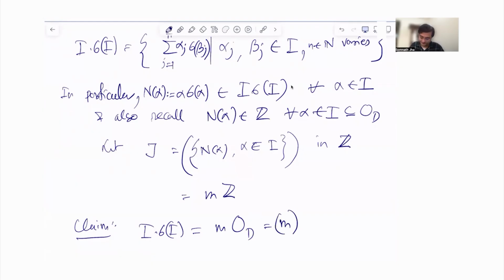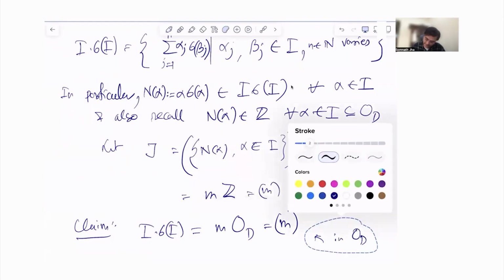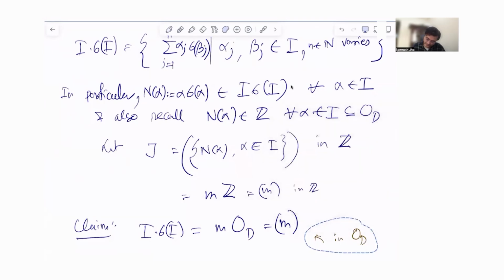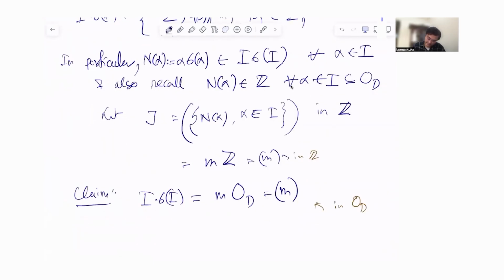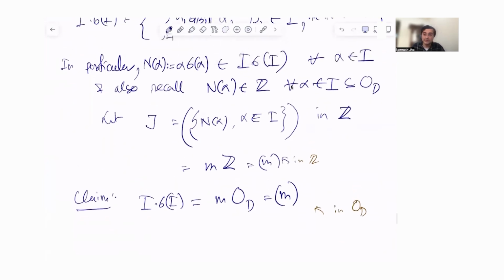Okay, so this is the claim. M is in Z, and the products are in O_L.